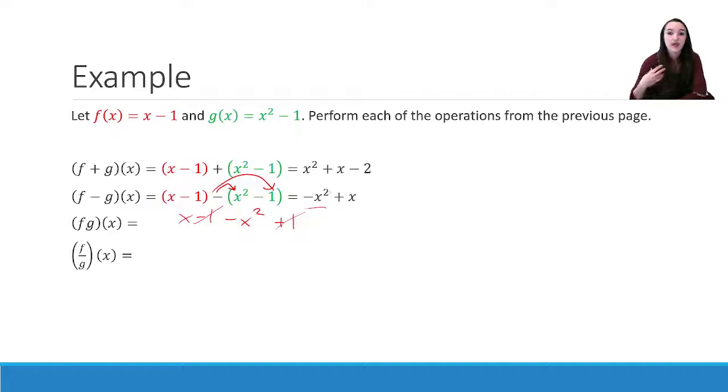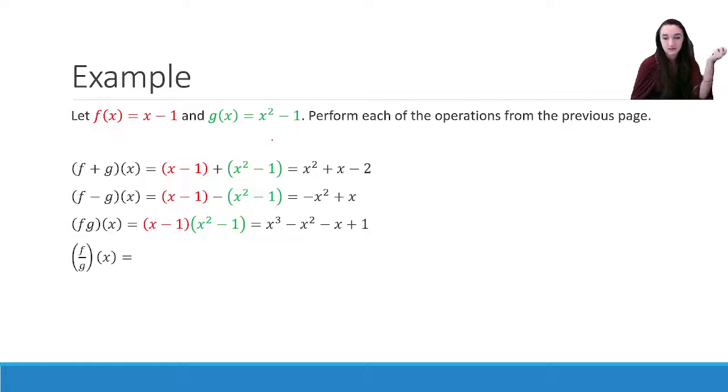Next we have f times g of x, or just written as fg of x often, but sometimes I will often write it with a dot between them as multiplication. There's many ways you can write this, but just f times g of x is f of x times g of x. So I'm going to take all of f of x and multiply it by all of g of x, like so. Remember, when you do this, you have to FOIL.